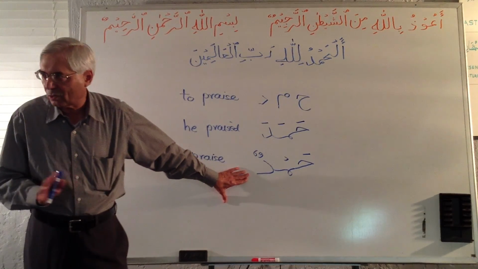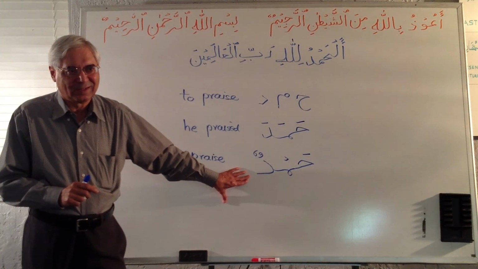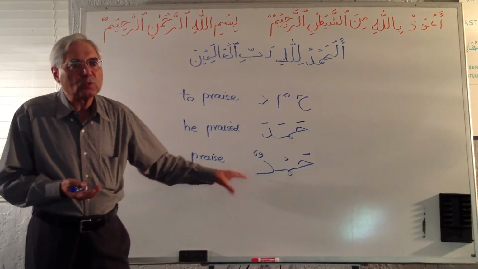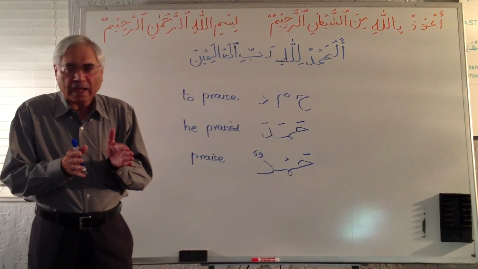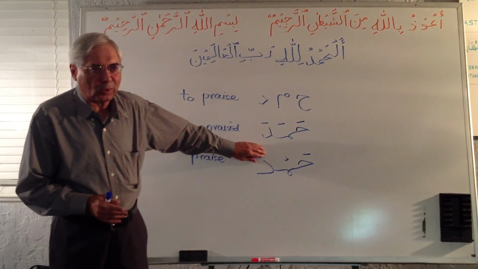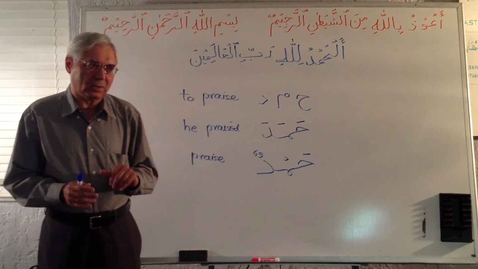Hamdun is the noun. Hamd is not the word, and hamd is not the noun. Actually, hamd doesn't have any meaning. We pronounce hamd because we stop, and in Arabic, when you stop, you don't pronounce this noon. But the word is not hamd.